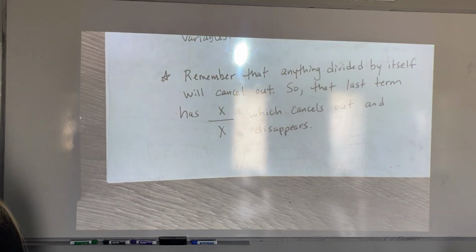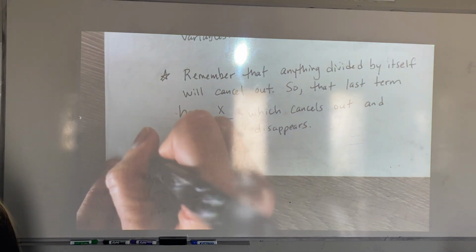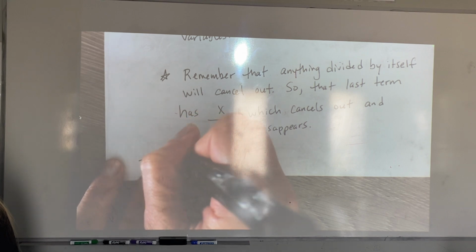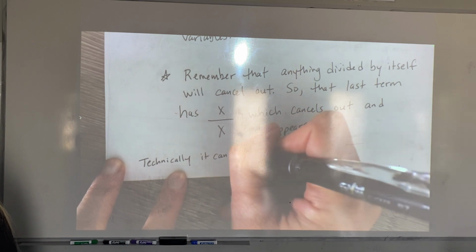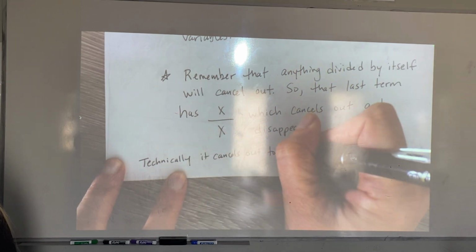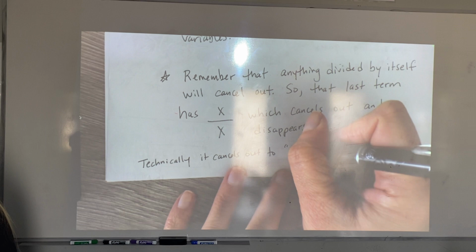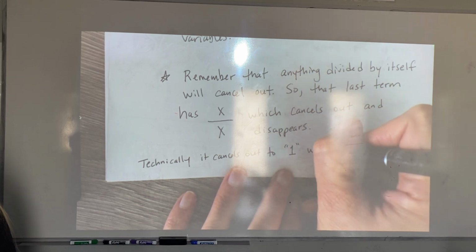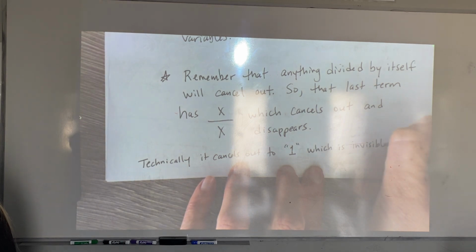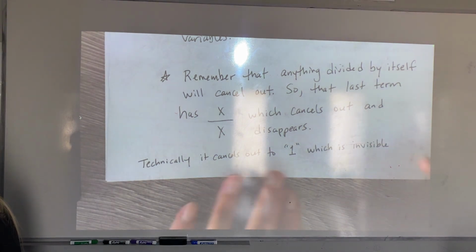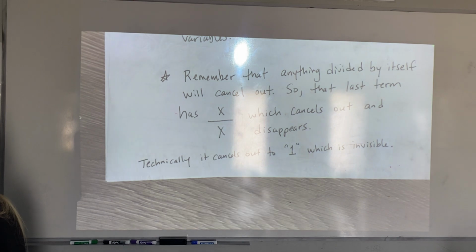Technically it cancels out to 1, but 10 times 1 is 10. I have to write that, my OCD. Technically it cancels out to 1, which is invisible. That makes sense?